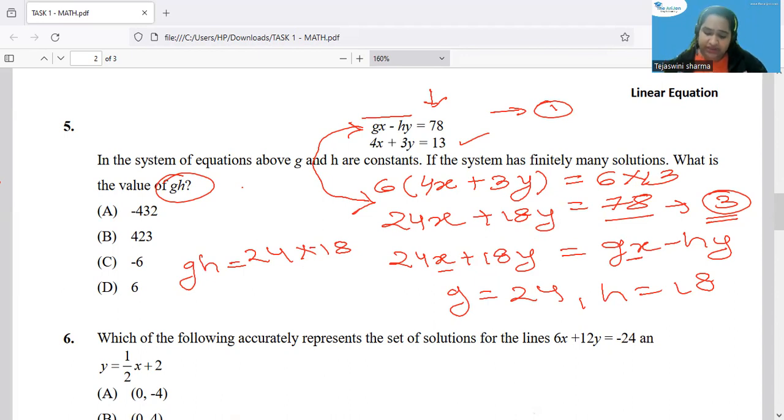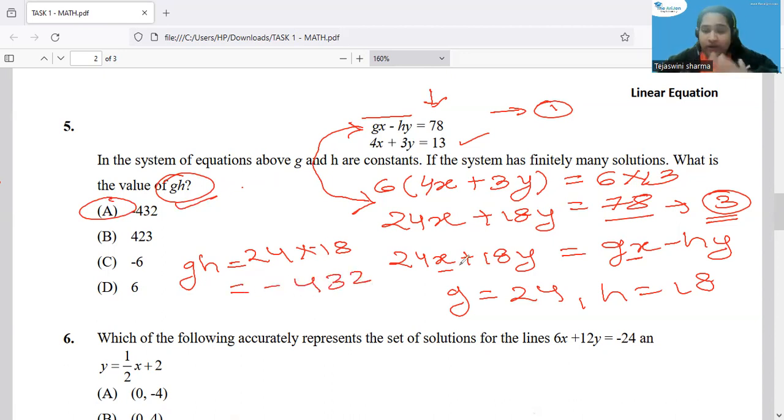When you equate these two things, you get the value of h as negative 18. So when you multiply these two things, you get negative 432. I'm just confirming it once. Yeah, it's negative 432. So yeah, option A is correct.